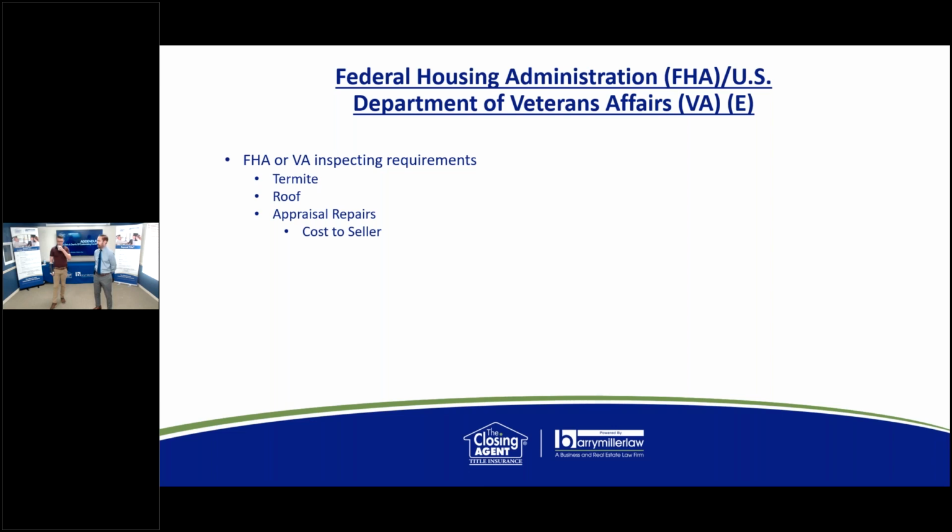Maybe the top 3 problems is a roof, because even though the roof is perfectly fine, and by the way, it's not a hard and fast rule. Some VA inspectors will approve one that's got 5 years left. Some, I've seen them do it with 3 years left. I've seen some of them that say it's 3 years left and they won't approve it.